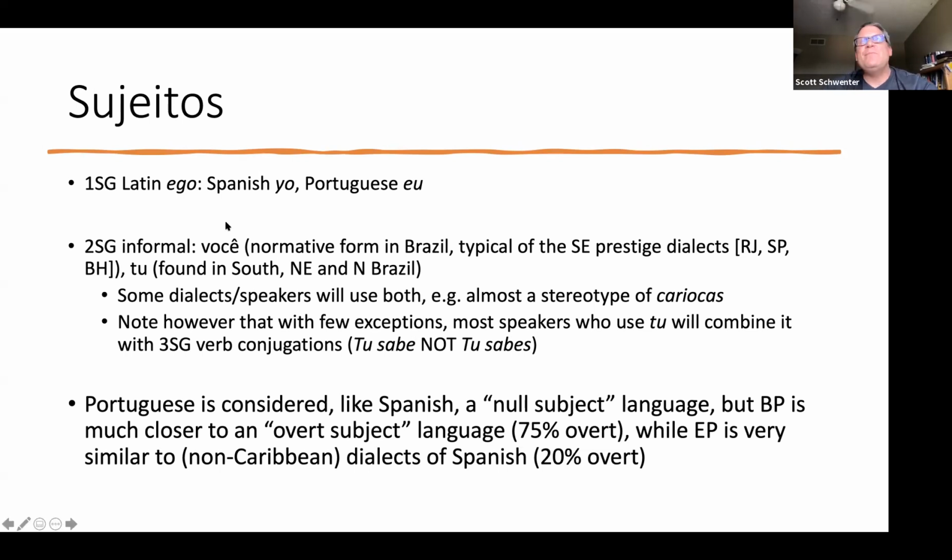And it seems to be gaining more and more acceptance in Portugal, but for quite a while, it had negative connotations associated with it in Portugal. And why is this the normative form? Well, how do things become the normative or the prestige form in a language? Well, they become that way because of who speaks that way, right?